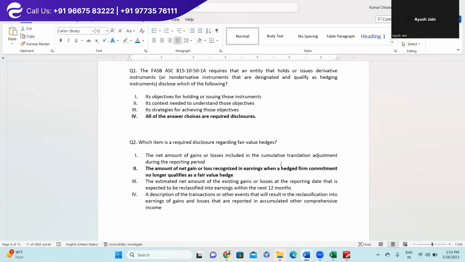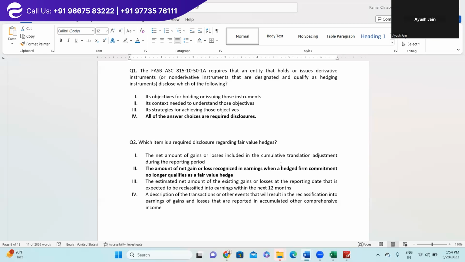So third is incorrect. Fourth is a description of the transaction or other event that will result in reclassification into earnings of gains and losses reported in accumulated other comprehensive income. That is also a cash flow hedge. So the best right answer is the second. Make sense? Yes, sir.